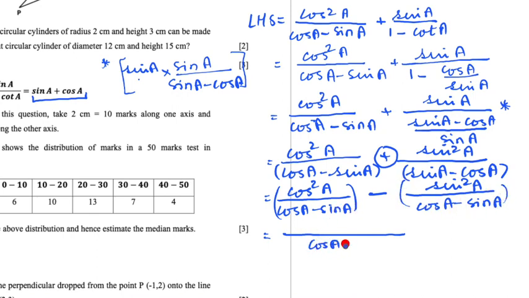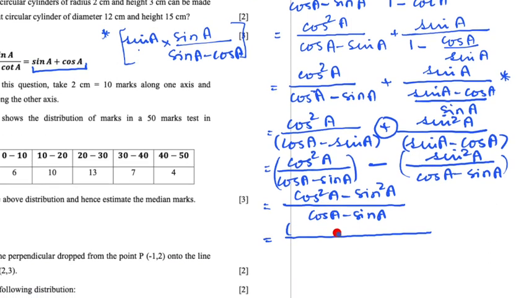So we'll write cos A minus sin A, and numerator will be cos square A minus sin square A, which means now we can factorize the numerator using a square minus b square.